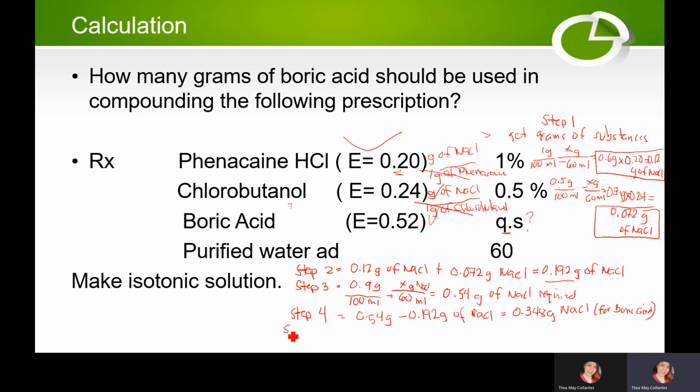So now, we have to convert the value of your sodium chloride to your boric acid. Right? We will not cancel out.